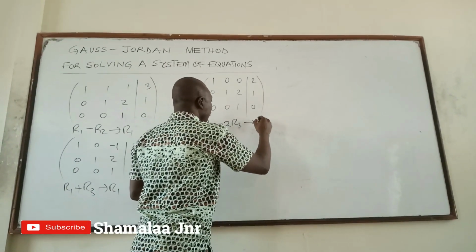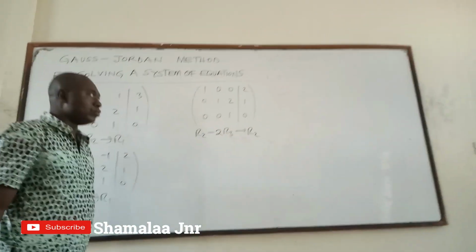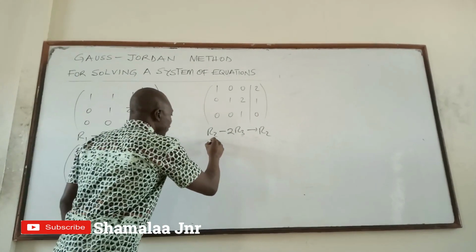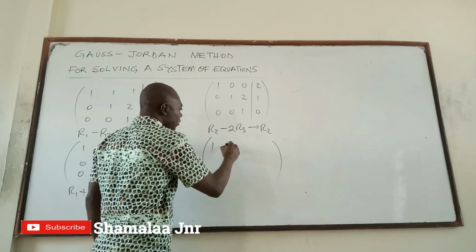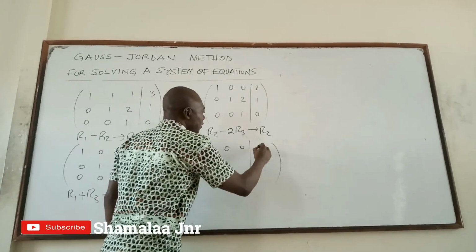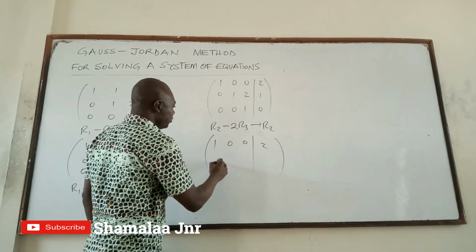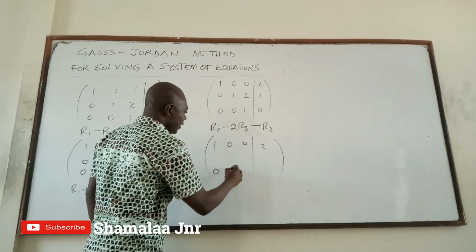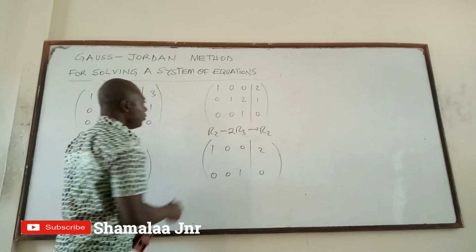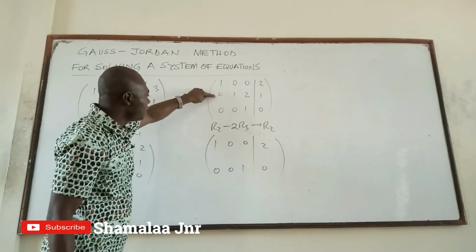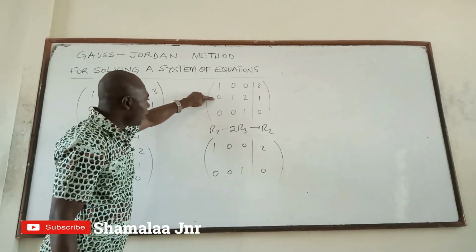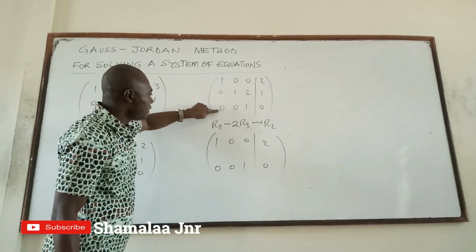So this one will give us row 2. Look on the board. We are not touching row 1, so let me repeat the numbers there. And then we are not touching row 3, so let me write the numbers there. Now row 2. You are saying that row 2, here, 0 minus 2 times 0.